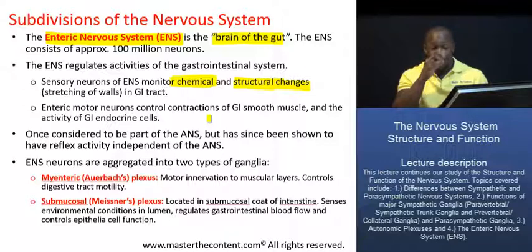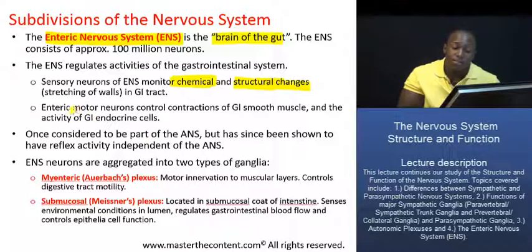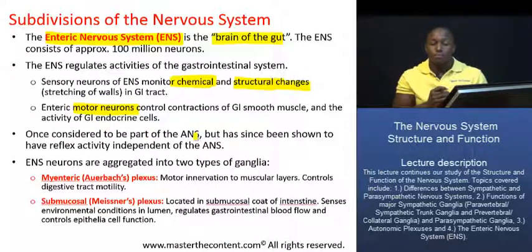After detecting those changes, it can elicit the response of motor neurons, which then control the contractions of the smooth muscle in the walls of the gastrointestinal tract. They can also control the activity of endocrine cells in the gastrointestinal system. Endocrine cells will produce secretions, for instance, enzymes that aid in digestive processes.